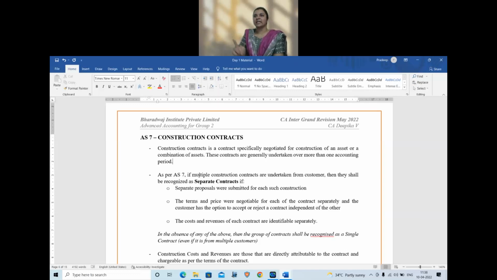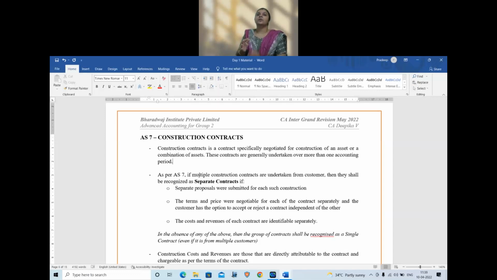Whether it is a single customer or multiple customers doesn't matter. Point number 2, you can negotiate for each of the contracts independently, and the customer can reject one and accept another. So the option of rejecting or accepting one independent offer is there for the customer without affecting the other contracts.